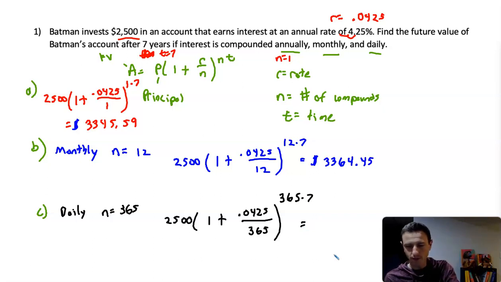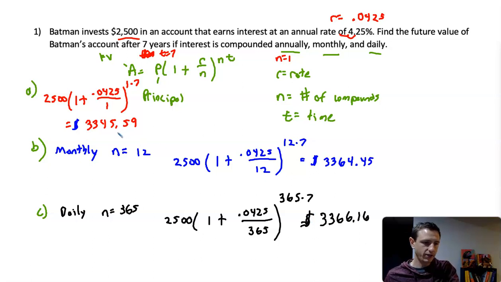So just do the same thing, 0.0425 divided by 365, add 1, raise that to the 365 times 7 times 2,500, and we get an answer of 3,366.16. So that was daily.